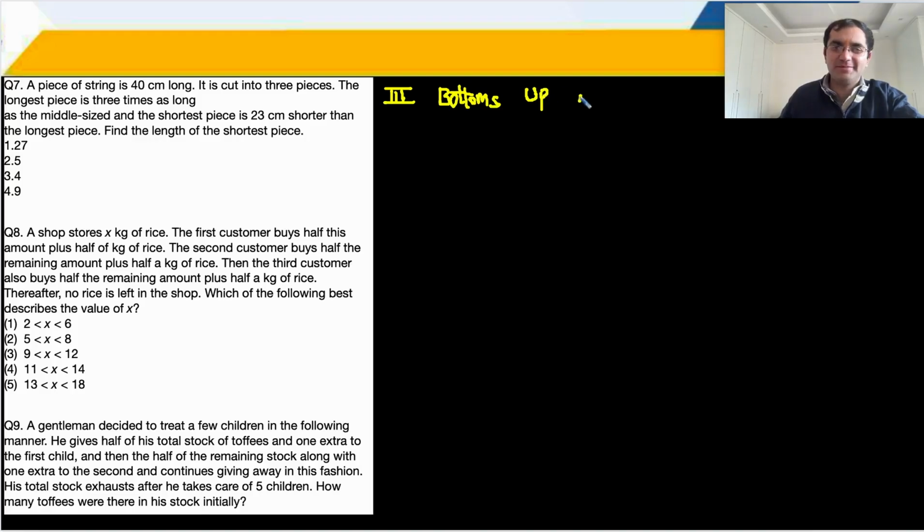Bottoms up method is basically we are going to work backwards from the final stage. And right now over here I'll just write that there are 3 customers. ये first हो गया, second हो गया, third हो गया. ठीक है. And you are starting off with your x kg of rice.